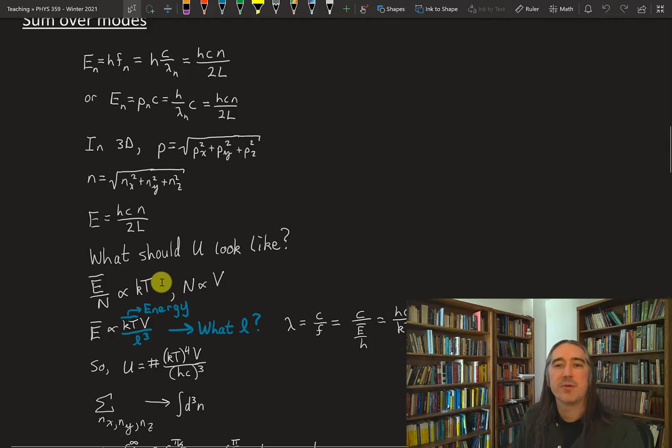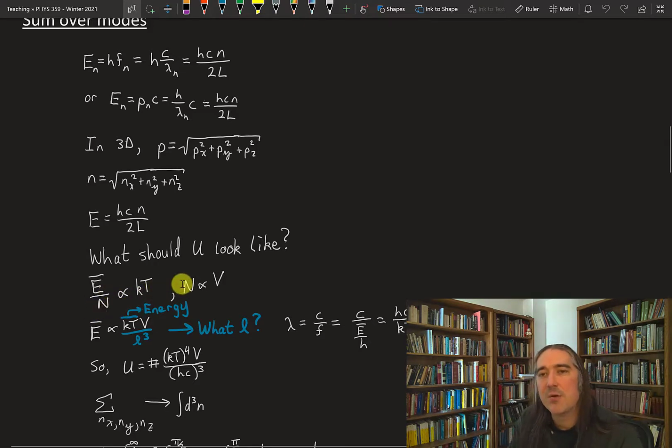That's certainly what happened for our massive particles. And in some sense that shouldn't be surprising. We think about Boltzmann factors. The probability of a state comes from the ratio of its energy to kT. So just generically, we should expect that per particle, our energy is going to scale with kT.